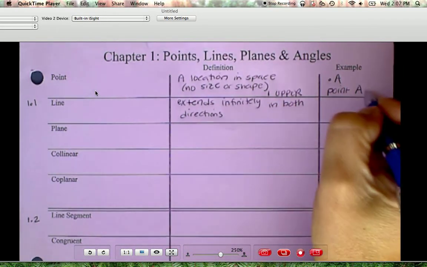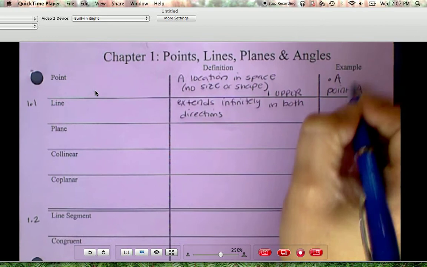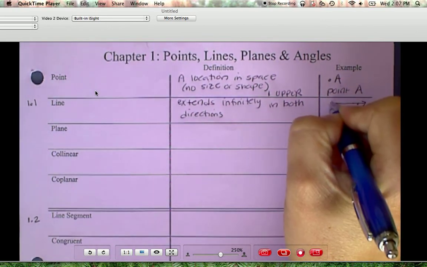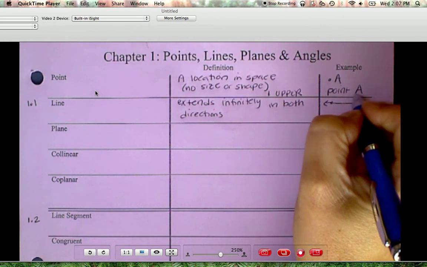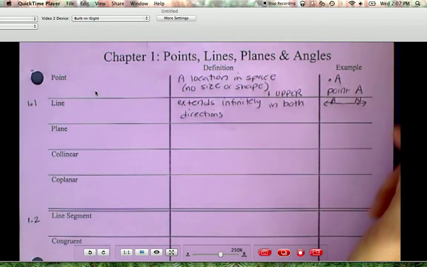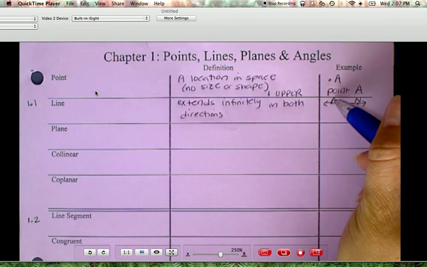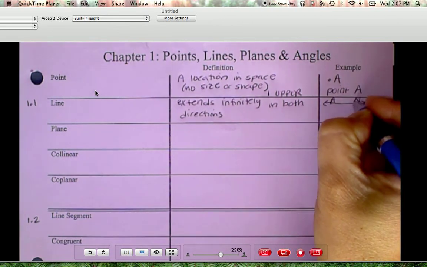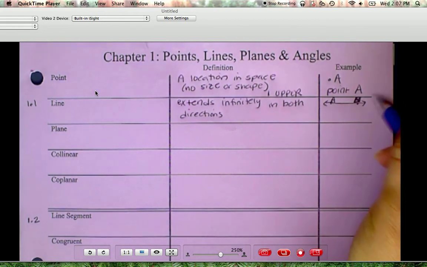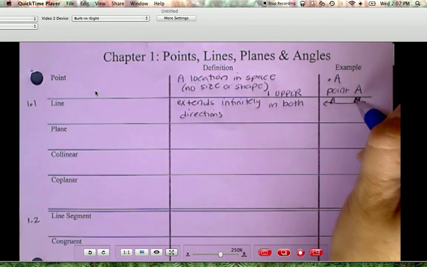So a line might look like this. Okay. And there's a couple ways that we can label a line. Notice I have capital letters on it. A and B, this should be. Capital letters to mark this point and this point.